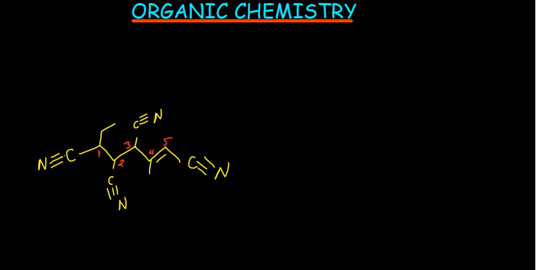So this is going to be at position number 1, we've got an ethyl. At position number 4, we have got a methyl. And then at position number 4, this is where a double bond is. So 4-pentene.